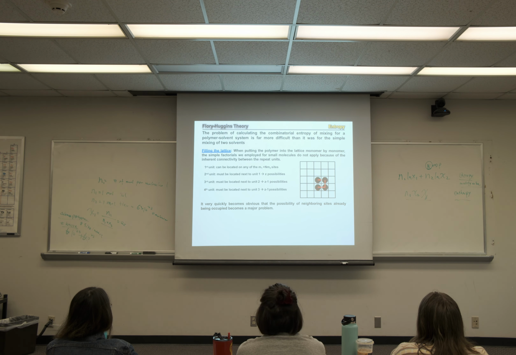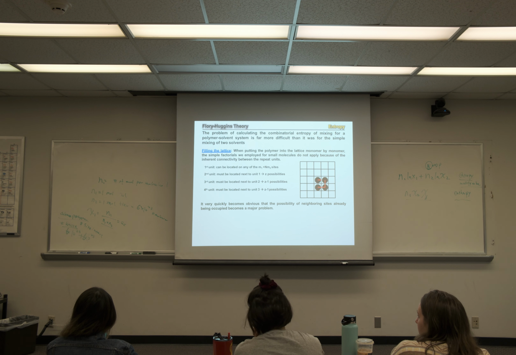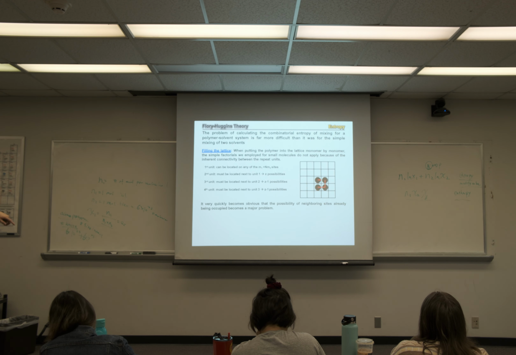It's not going to be the case when we fill the solvents. The possibility for the first molecule will be the same, M1 plus N times M2. The second one will be the total sites minus 1. Instead, for the polymer, we changed the possibility of the second one tremendously, by almost a factor of a mole.